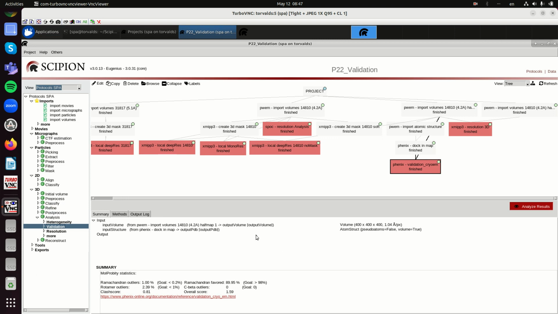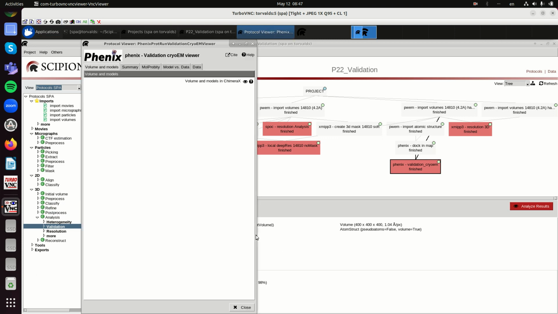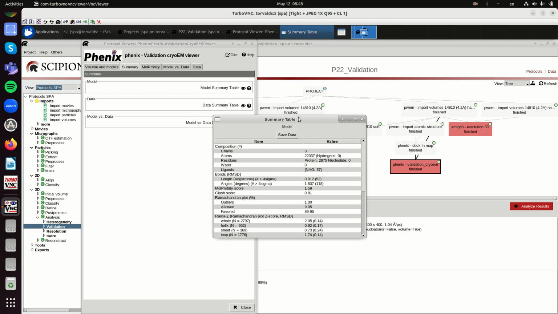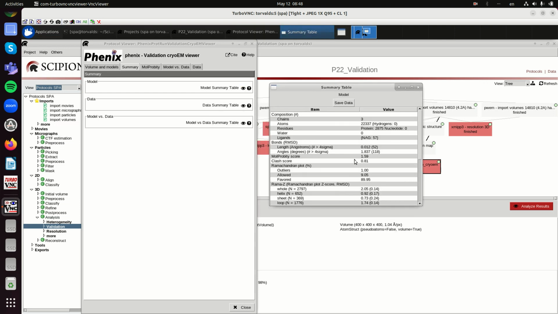So the validation criterion of Phoenix, and we can see, for instance, this report is very rich, so you can spend a lot of time looking at all the small details of the report.